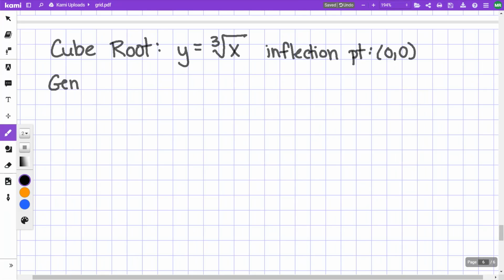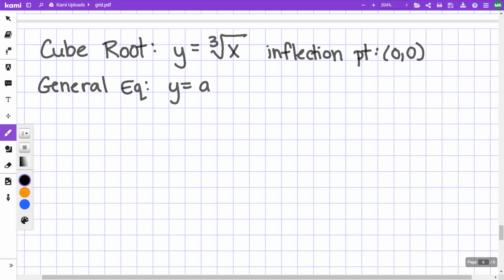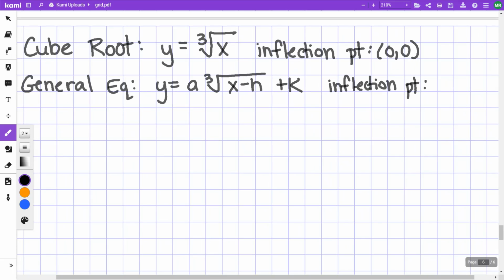And our general equation is going to be y equals, just like our square root graph, a times the cube root of x minus h plus k. And our inflection point is what makes that cube root 0, which is going to be positive h, and then the plus k.